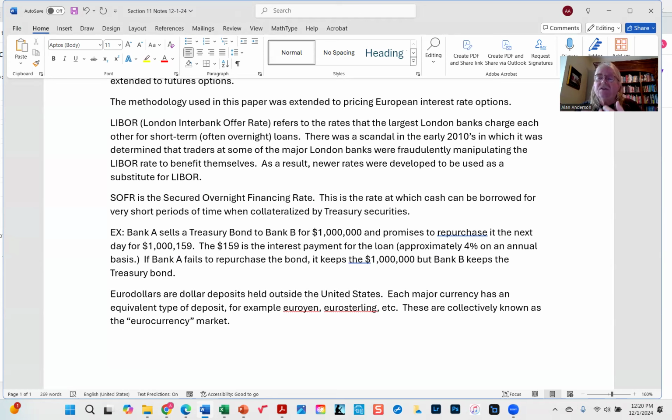Now, you can imagine this is a popular market for multinationals who are constantly earning funds or paying bills in different currencies, and it might be helpful to have deposits of these different currencies in, let's say, London or Paris or Berlin or whatever. The rates that they get paid earn slightly more than domestic deposits of the same maturity.